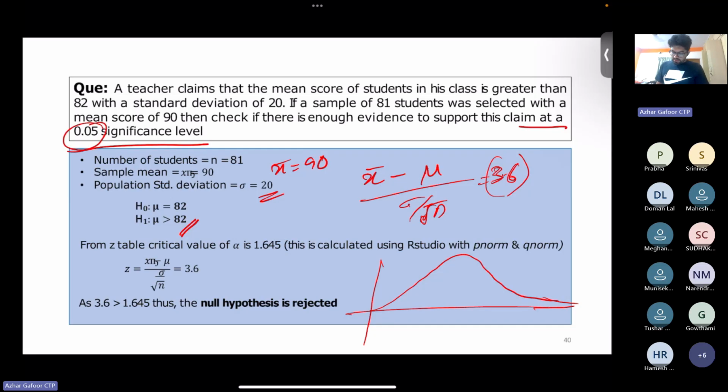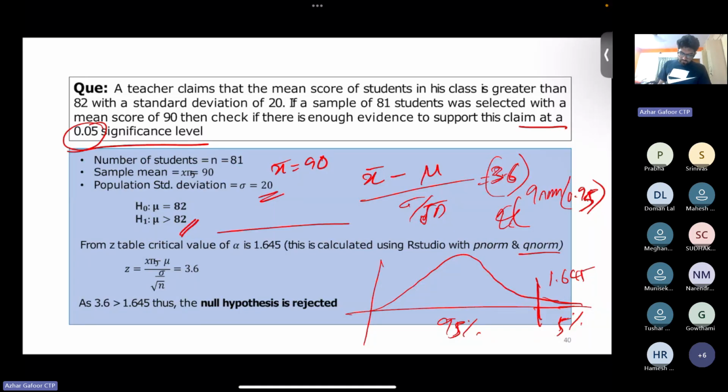So what we can do is use qnorm. If the significance level is 0.05, that means it is 5% here and here we will have 95%. So in qnorm, if you give 0.95, we will get the value from the standard normal table, that is 1.645.